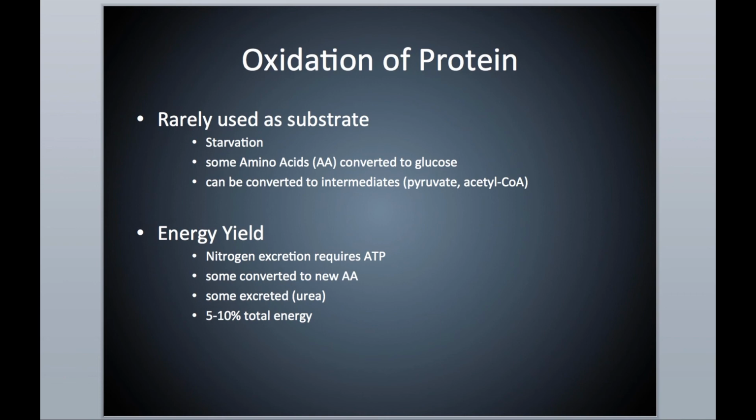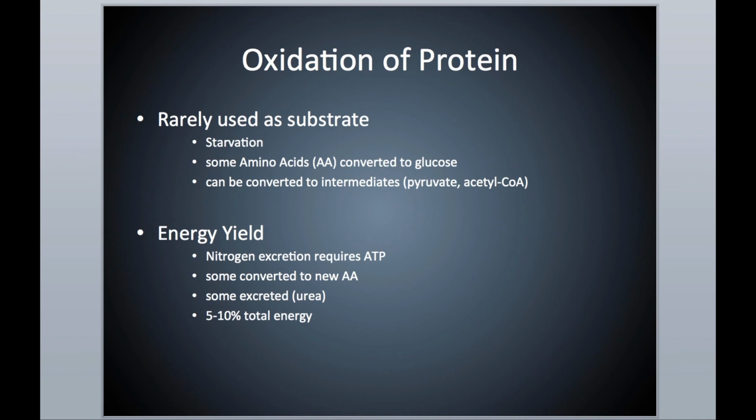Protein is rarely used as a substrate. In times of starvation, it can be used. Some amino acids can be converted into glucose. They can also be converted into some of the intermediates of the citric acid cycle, as well as glycolysis, pyruvate, acetyl-CoA.